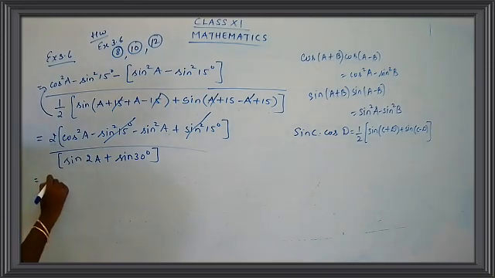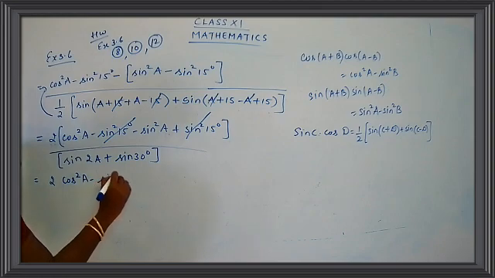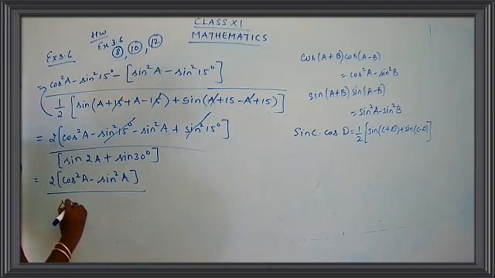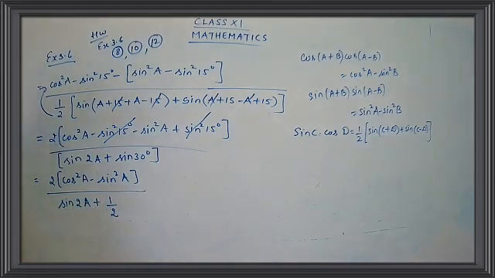So I get here 2 cos square A minus sine square A upon sine 2A. I know the value for sine 30, that is half. Okay, so we have almost reached our destination.